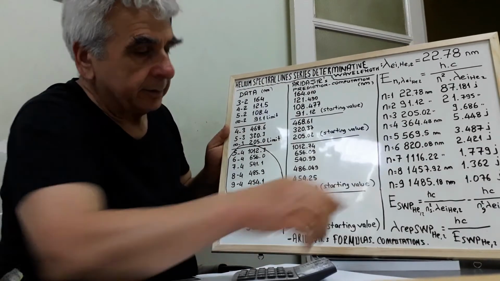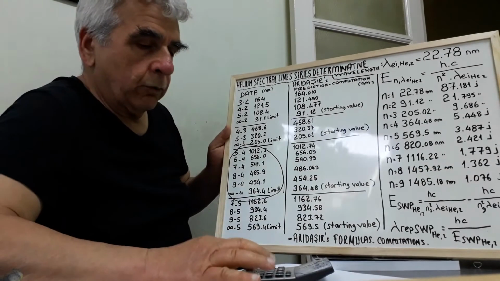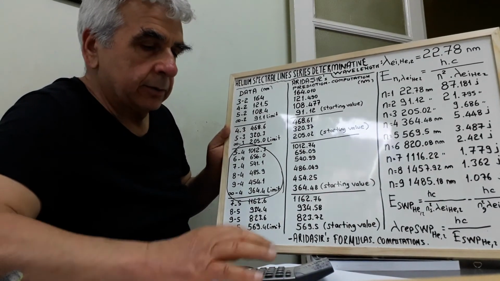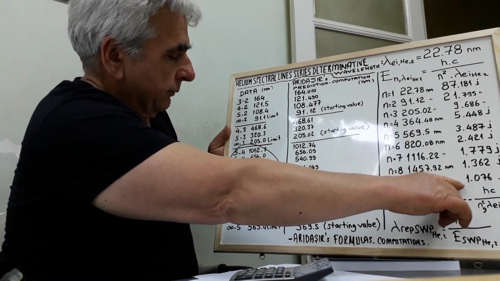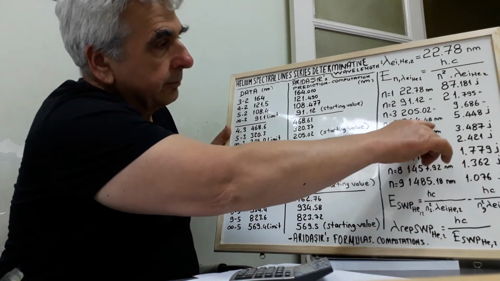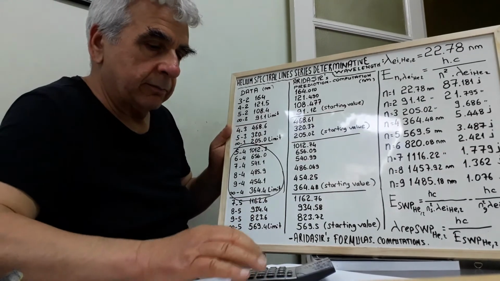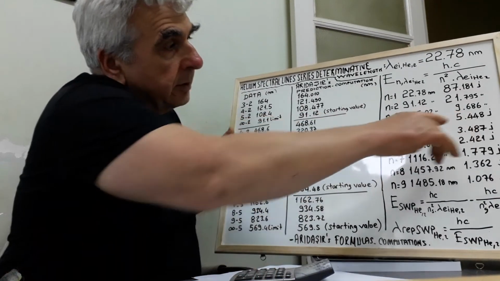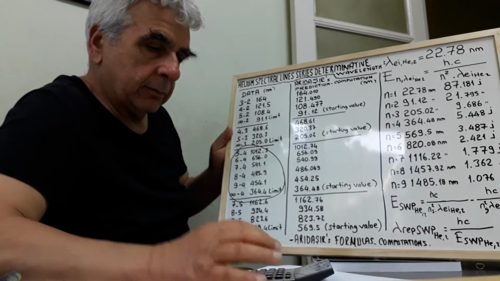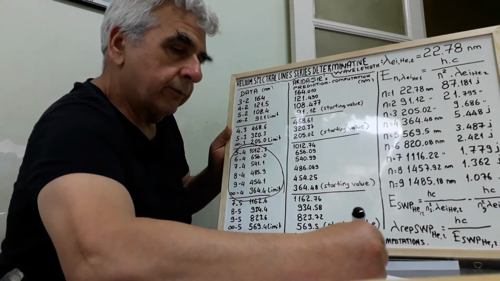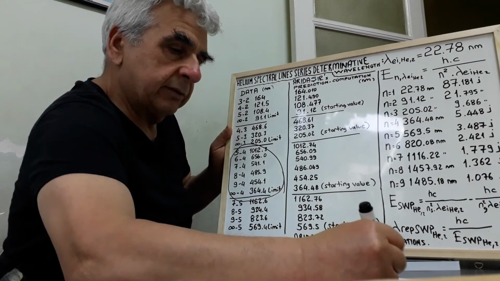Where is 9? Here. 1.076 minus 5.448 equal to 4.372.